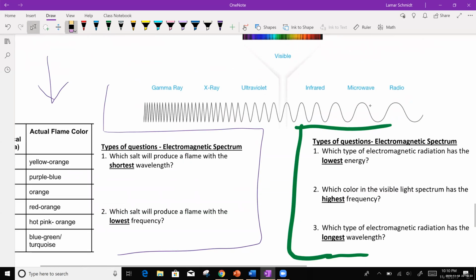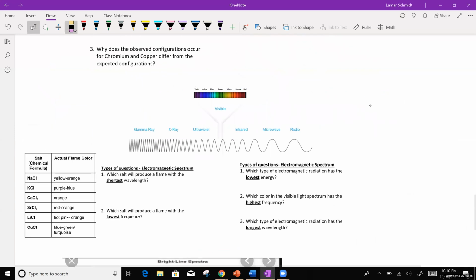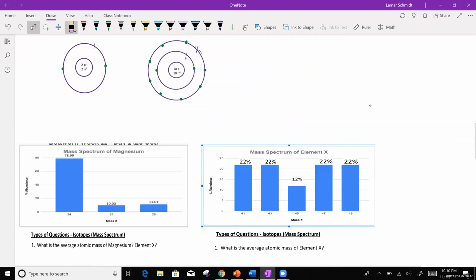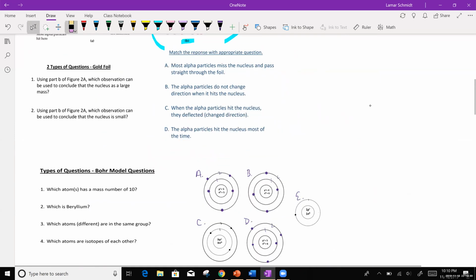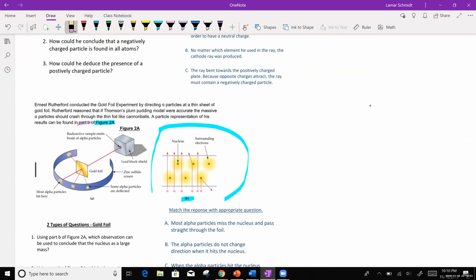Okay, so we went through everything, and you had an opportunity to answer the questions and kind of gauge where you are before. And so now we'll go through these together so that hopefully we can pick up on any misconceptions that you may have had.